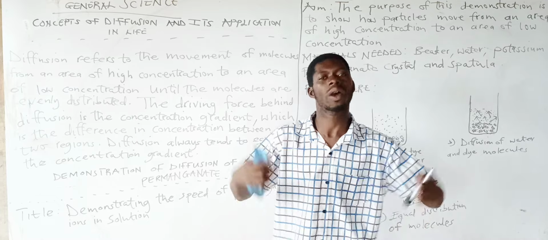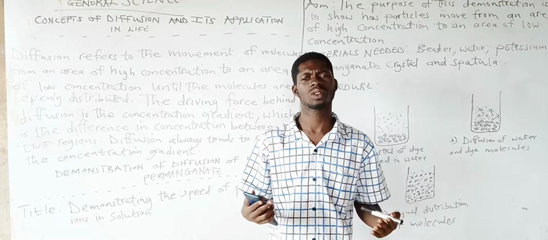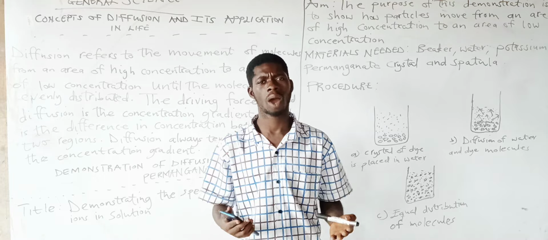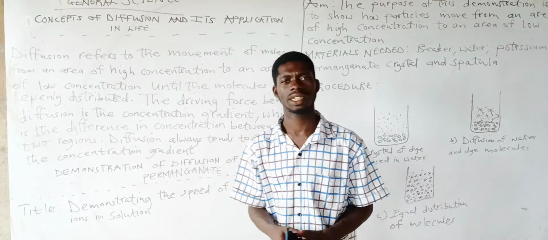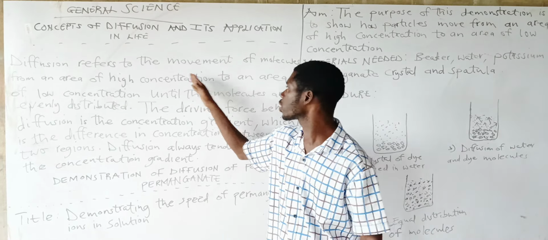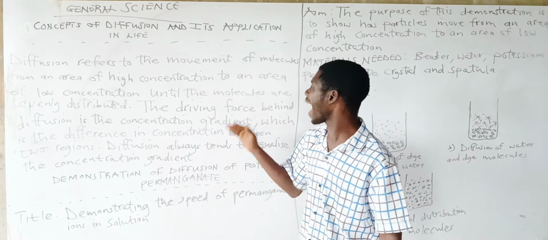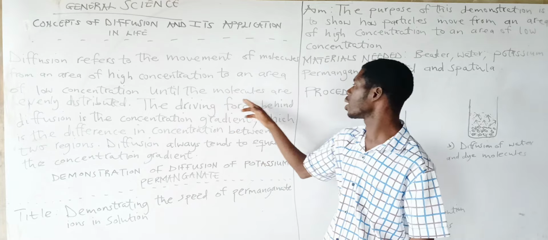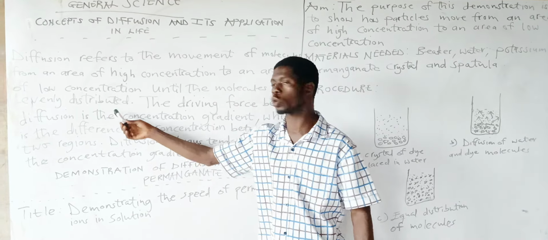So first of all, what is diffusion? If someone asks you, how can you explain the term diffusion? This is the right definition for diffusion. It says, diffusion refers to the movement of molecules from an area of high concentration to an area of low concentration until the molecules are evenly distributed.